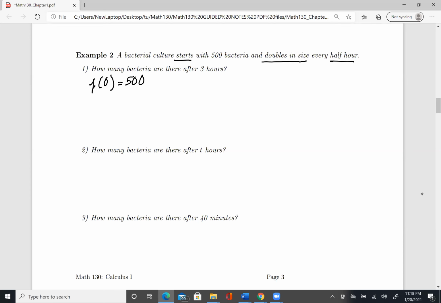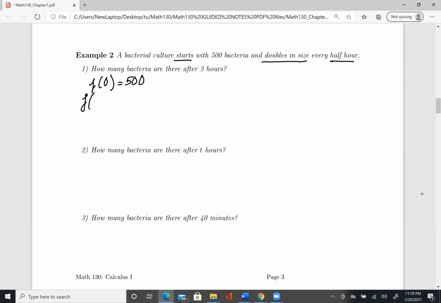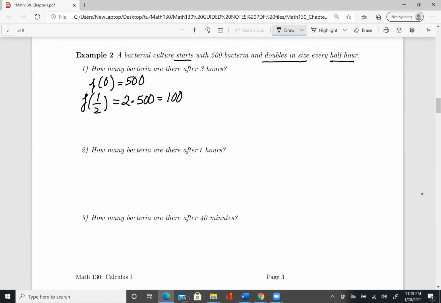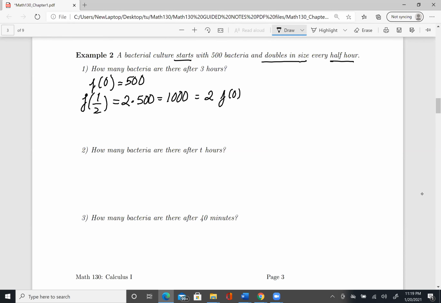So in every half hour, you're going to add 1/2 hour. So you're going to have f(1/2) equal to 2 times 500, which is equal to 1000. Or I'm going to rewrite it as 2 times f(0).